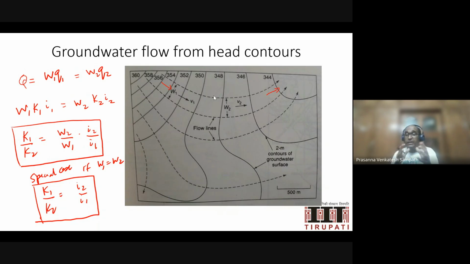This is the inference we can draw: just by looking at a head contour map, a flow net, you can infer that in this region the hydraulic conductivity will be higher, in this region it will be lower, and so on. If the contours are close to each other, hydraulic conductivity is low. If the contours are far away from each other, hydraulic conductivity is high. That's the rule. Fairly simple, right?